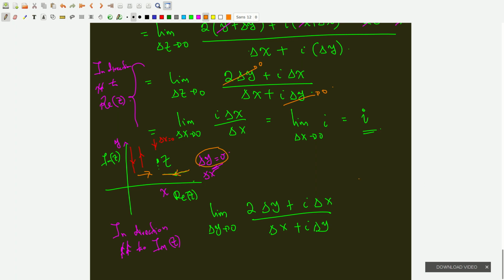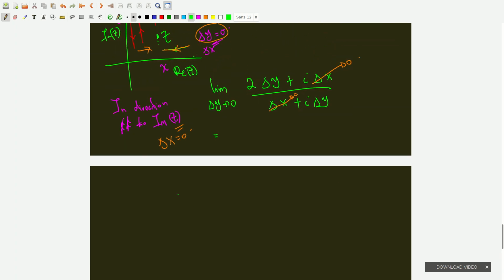In this case, remember we said our change in x is 0, so this disappears and this disappears. What we are left with is the limit as delta y approaches 0 of 2 delta y over i delta y, which is the limit of 2 over i.